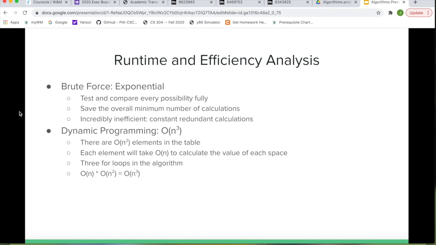That's n times n plus 1, divided by 2, which for the purposes of runtime isn't a significant enough denominator to change the fact that we're n squared plus n. So we end up with an n squared calculation of the value in each space.